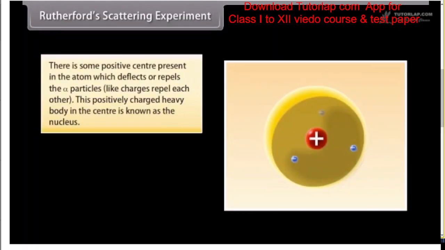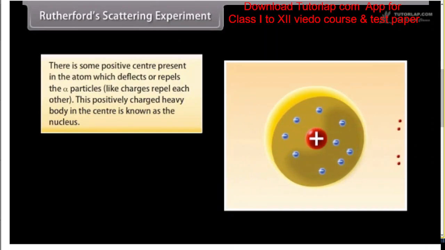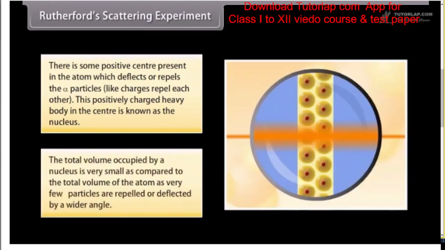There is some positive center present in the atom, which deflects or repels the particles, like charges repel each other. This positively charged heavy body in the center is known as the nucleus. 3. The total volume occupied by a nucleus is very small as compared to the total volume of the atom, as very few particles are repelled or deflected by a wider angle.